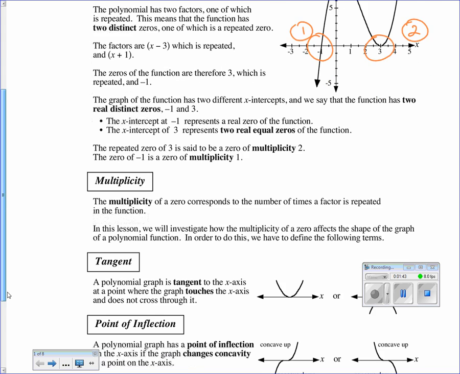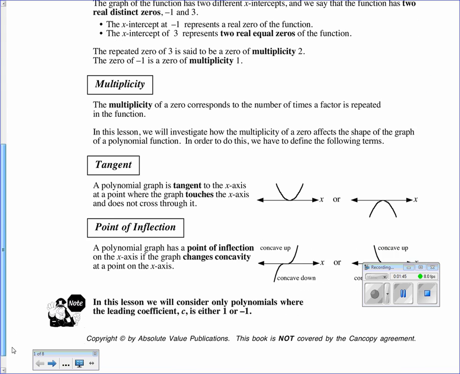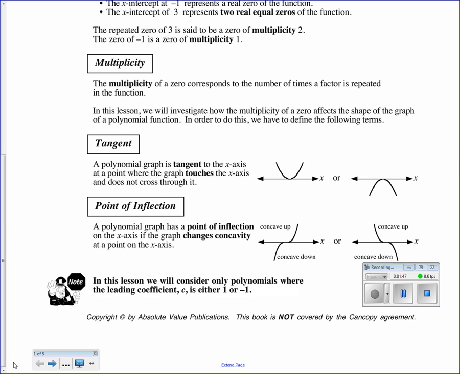And then the multiplicity of 3 leads to a concept that is calculus-based, which is called a point of inflection. And sometimes we call this a squiggle or an S curve through the x-axis. This is called a point of inflection, the place where the graph goes from either being concave down to concave up or the reverse.